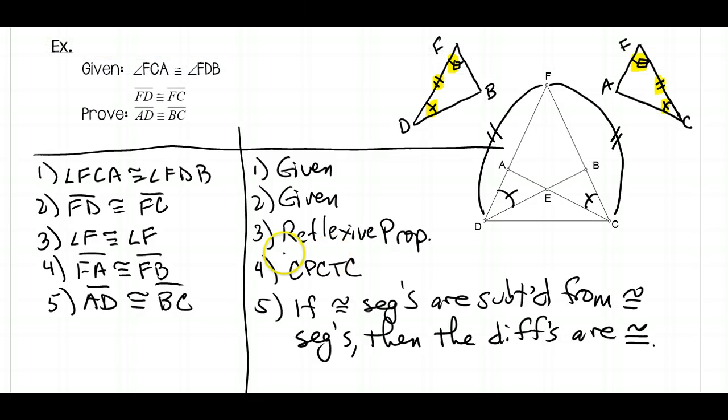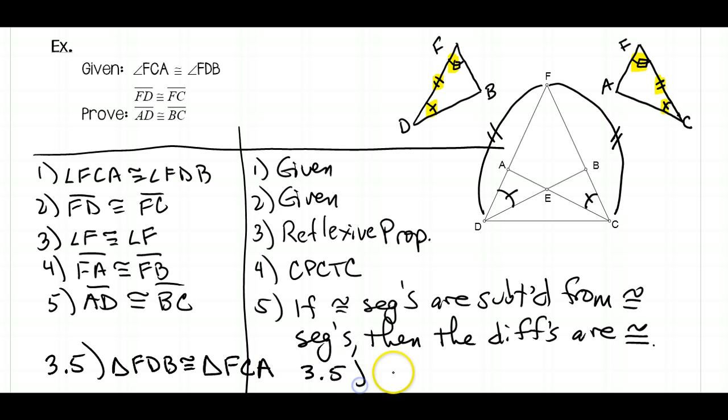So I'm going to go ahead and stick that in at, make that 3.5. So I've got triangle FDB is congruent to triangle FCA, 3.5. That's going to be by angle side angle.